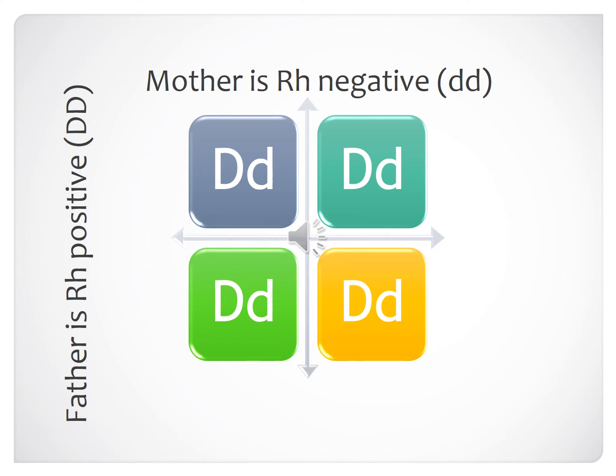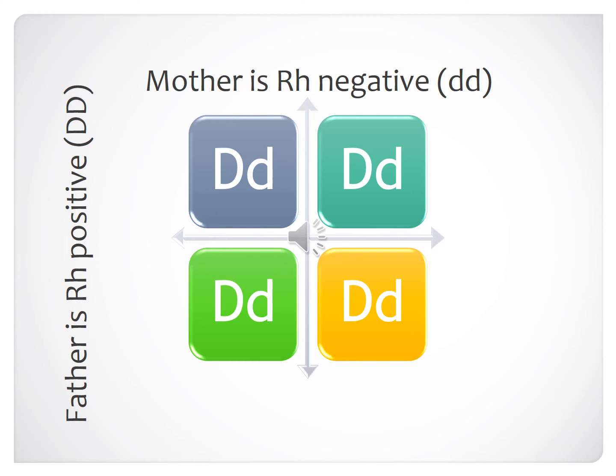If the father is Rh positive and his Rh positivity is homozygous, where there's two uppercase D's, then this baby is going to be Rh positive for sure, right?